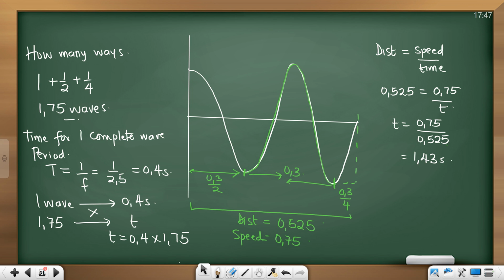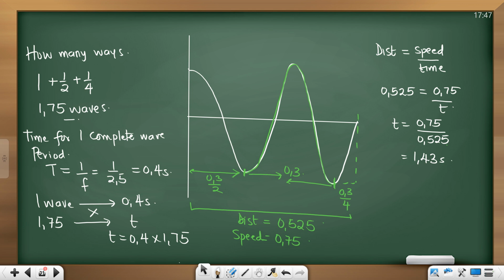What did that answer give me again? It gave me 7 over 10, 0,7. That's not right. Am I missing something there? Am I missing something?